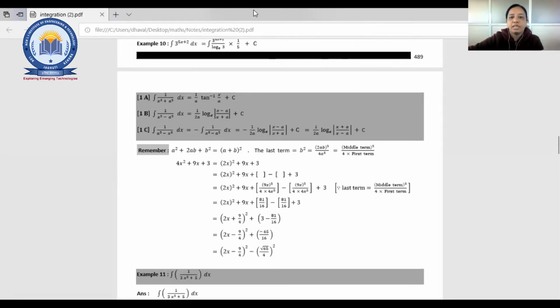So directly you can write down tan inverse, because we know that, or you can derive it also. That will be easy if you know the basic formulas. So integration 1 upon x square plus a square dx equals 1 upon a tan inverse x by a plus c.